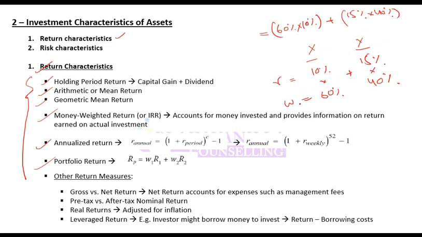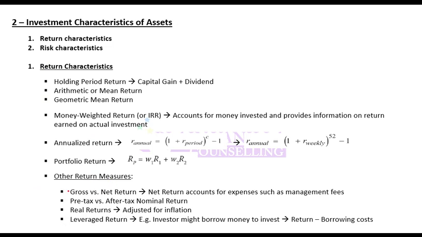So you multiply each return with its weight, then add the product of the next return and weight. If you have 3 stocks or 4 stocks, you can just keep doing it for all the other stocks as well. This is how you calculate portfolio return. Any confusion so far? This is very basic.